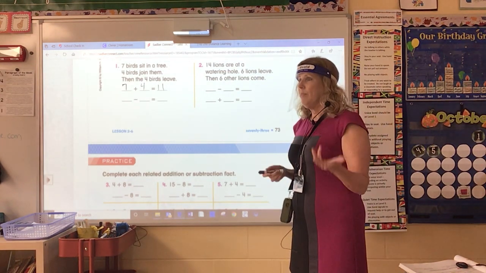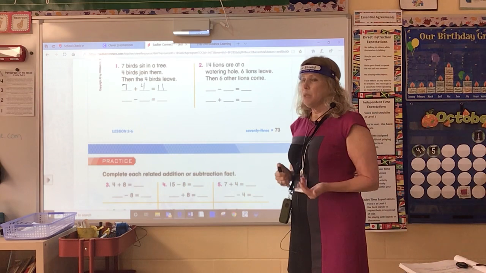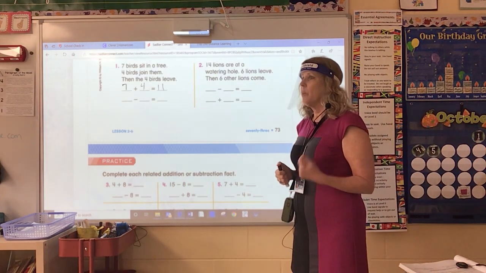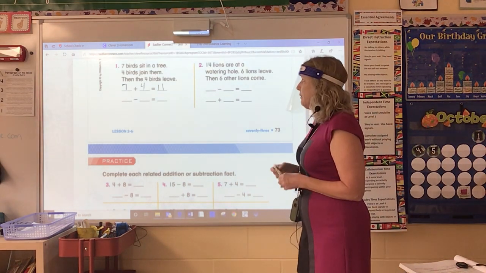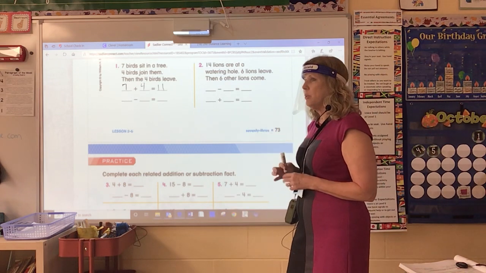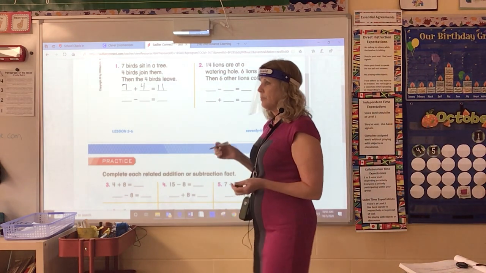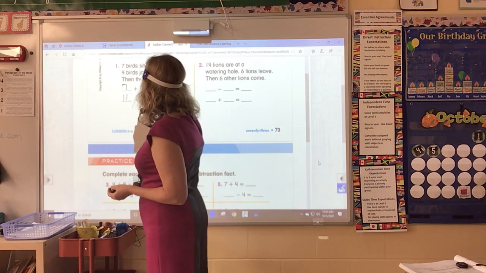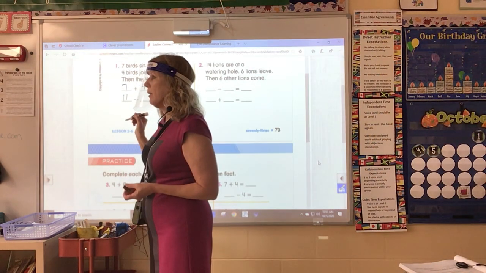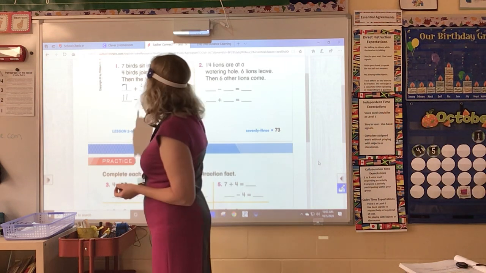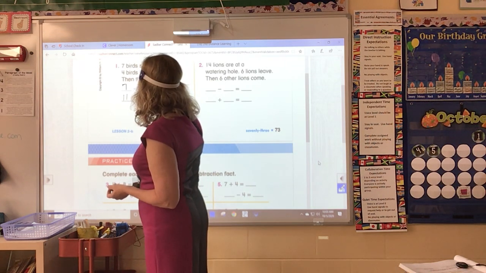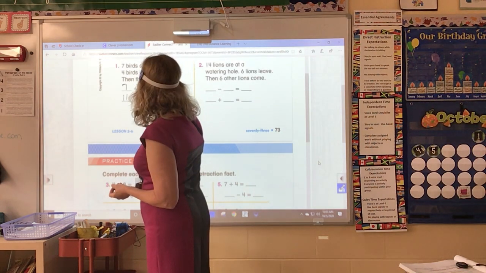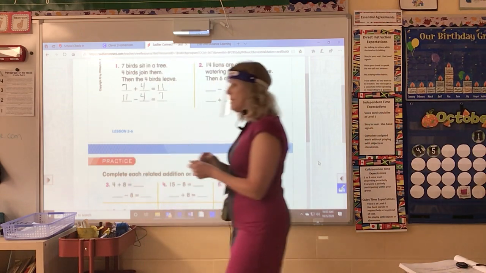So if they're leaving, are we adding or are we subtracting? We are subtracting. So Stephen, what are we going to do here? 11 minus 4 equals 7.